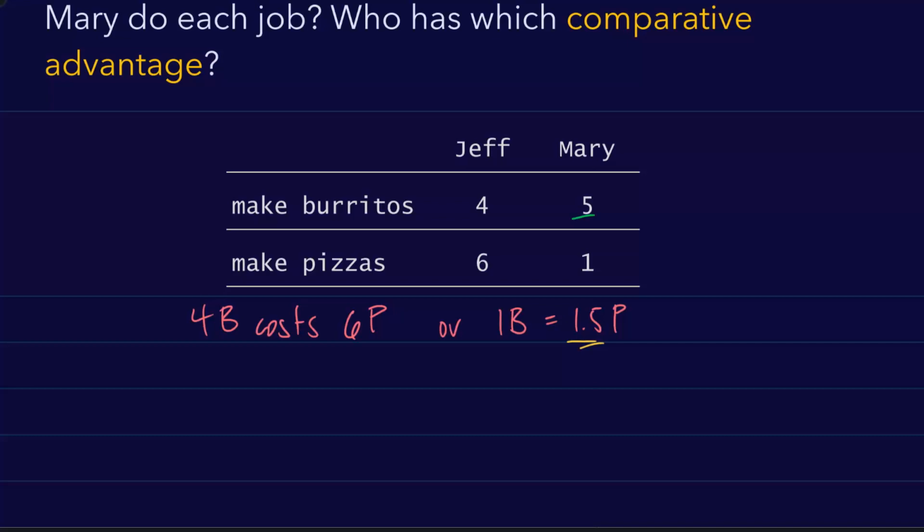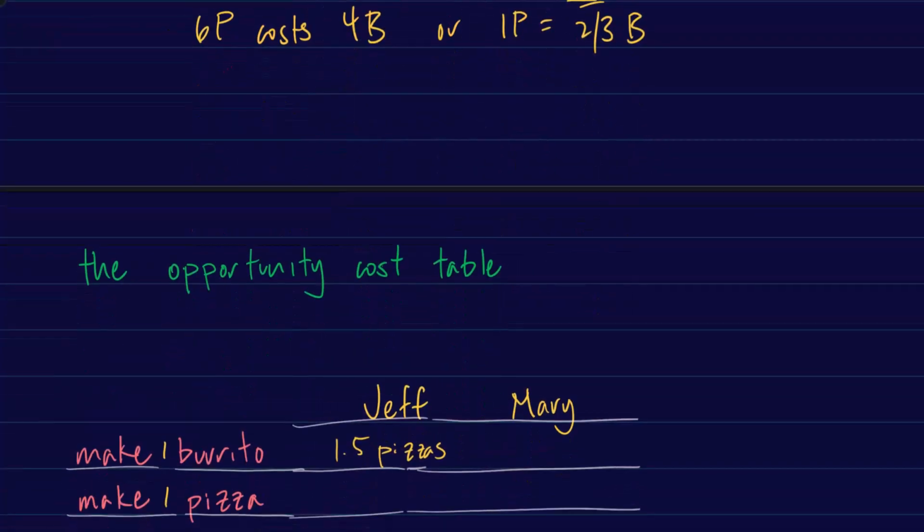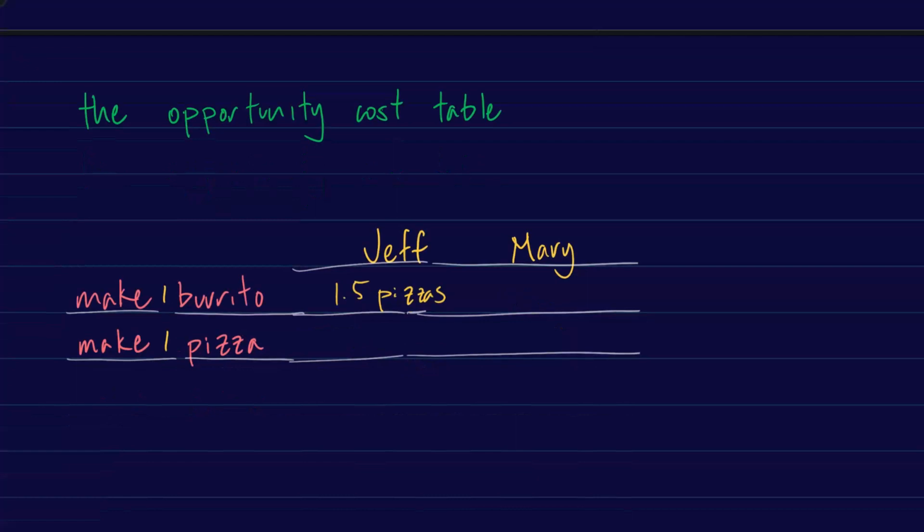So having him make those 6 pizzas is costing us 4 burritos. We're giving up 4 burritos. Or if we reduce it, 1 pizza costs 2/3 of a burrito. Okay, we'll put this in our table.